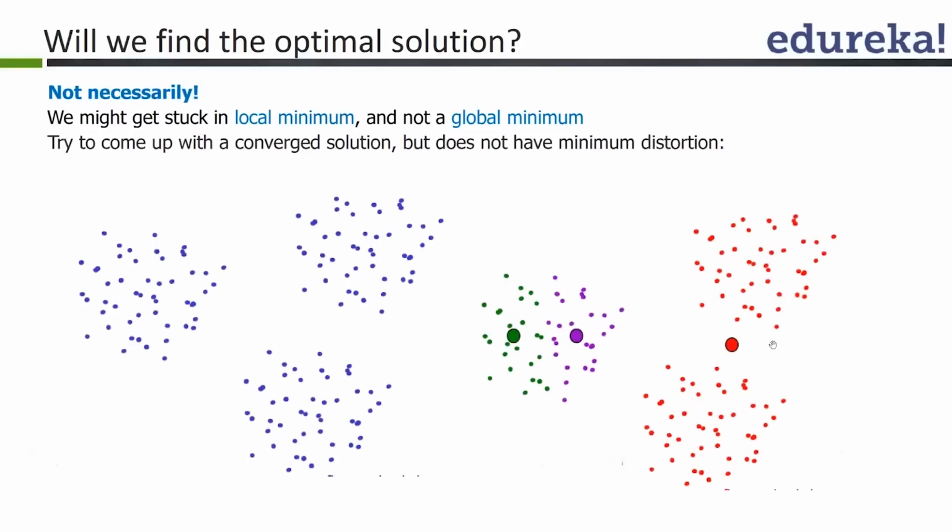So mathematically, I get stuck in my local minimum, which may not be my global minimum. That's why it's not necessarily true that you always find your optimal solution, unless you do something about it. Any question so far?